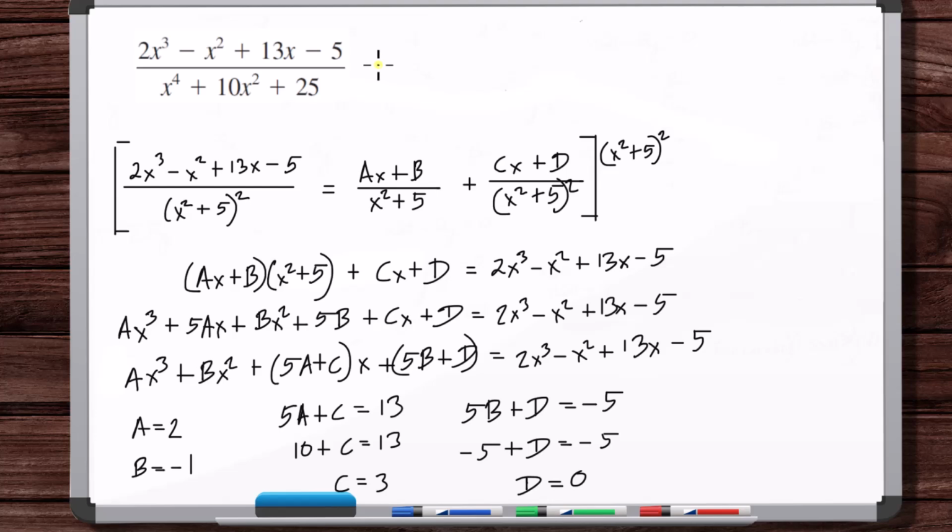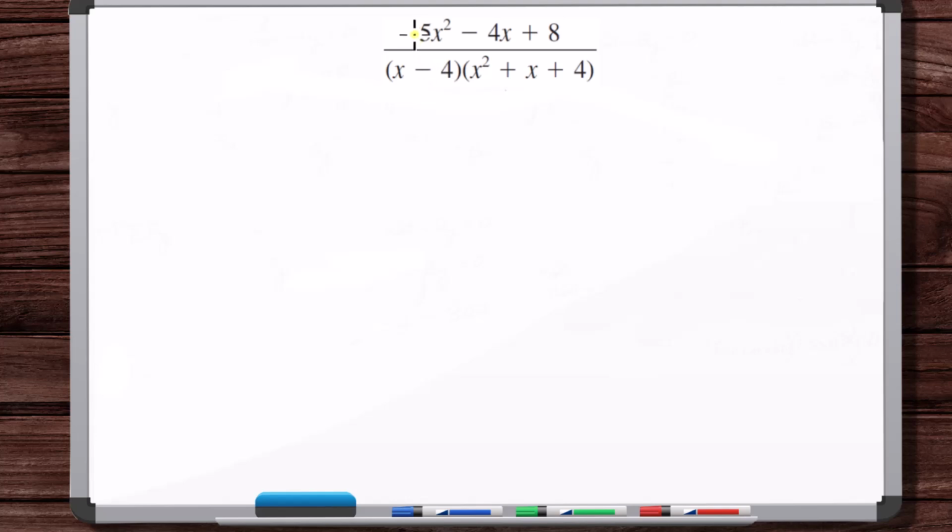And there we go. So this is equal to, and then 2x minus 1, and then that's it. That's the decomposition.